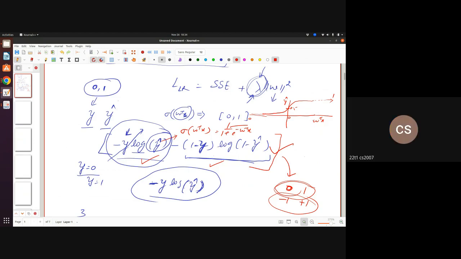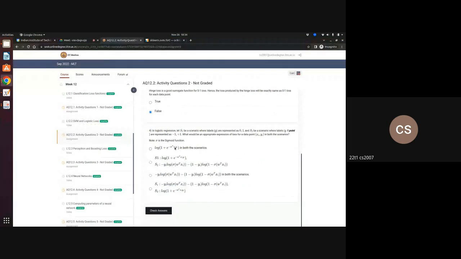It can be close, and that too it will be close only when W transpose X is a huge value. It never touches 1, it never touches 0. So that issue that you're thinking of, taking log of something 0, will not happen.